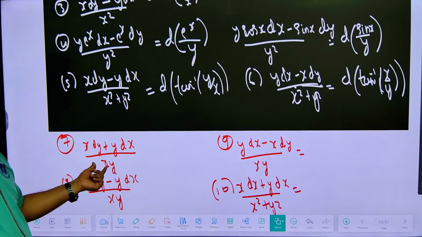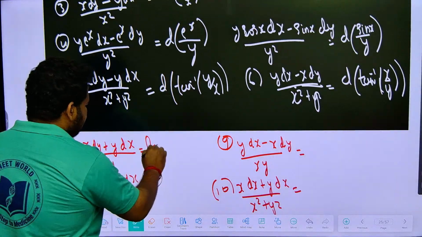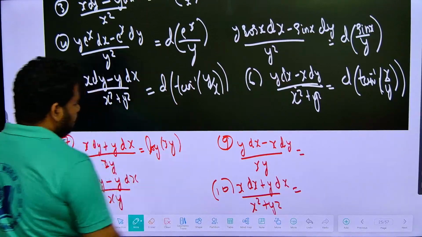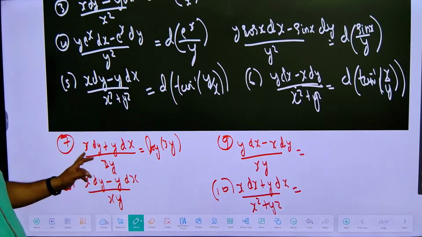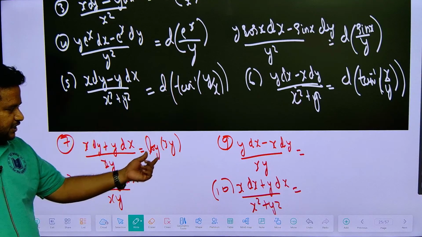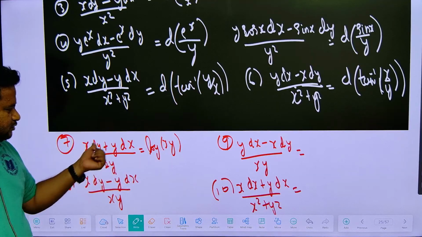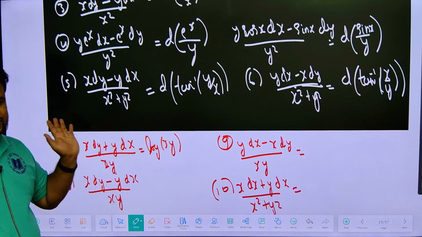With x dy plus y dx by xy, since it is plus, the answer will be log of xy. So it is the derivative of log of xy: first the derivative of log is 1 by xy, and the derivative of xy is x dy plus y dx. Correct?